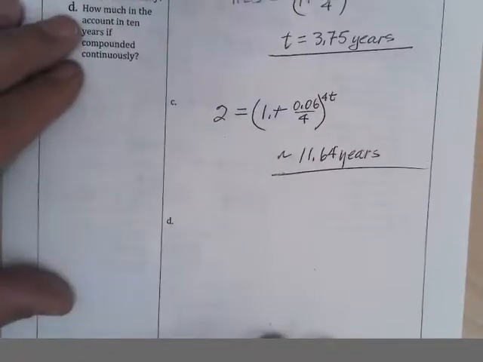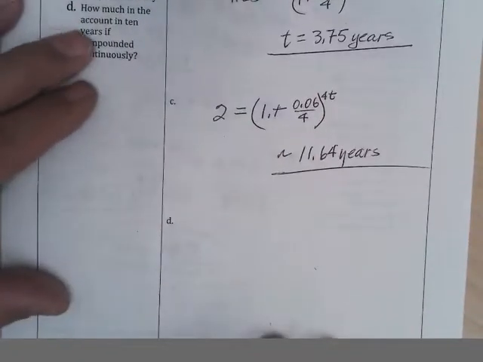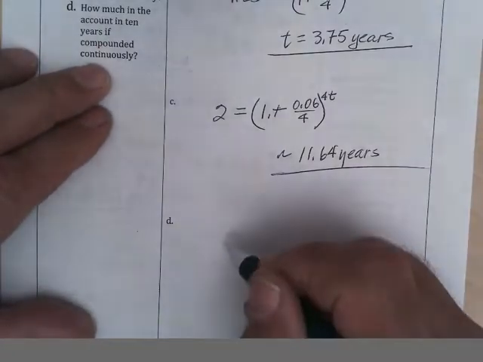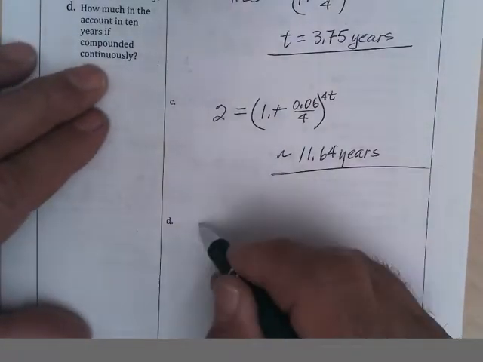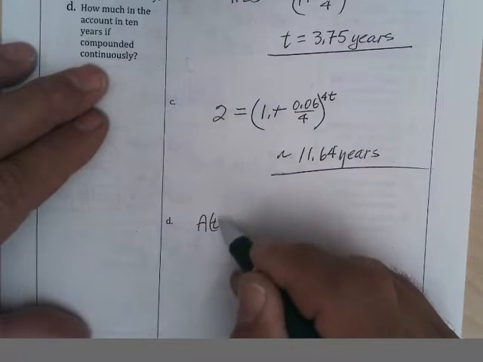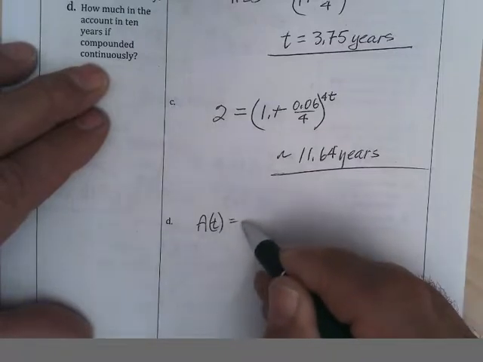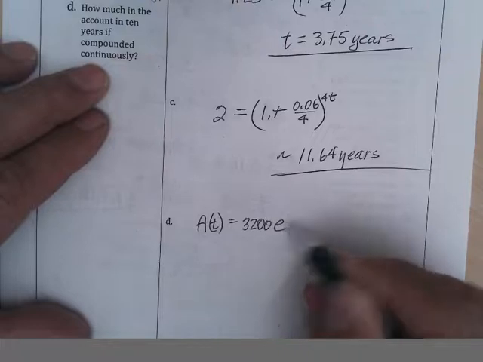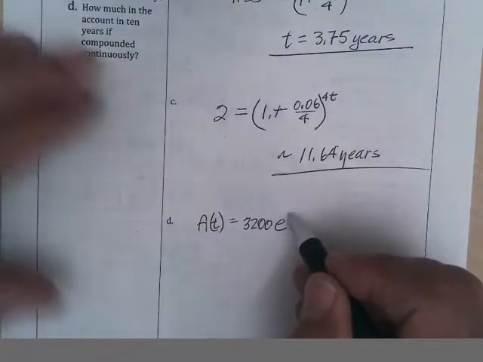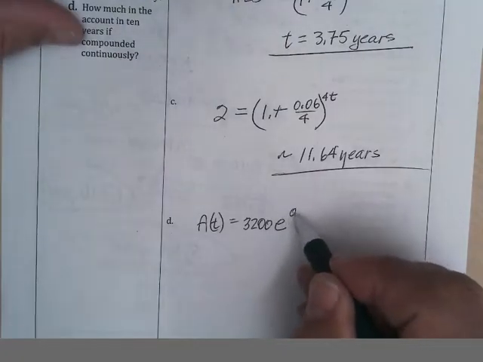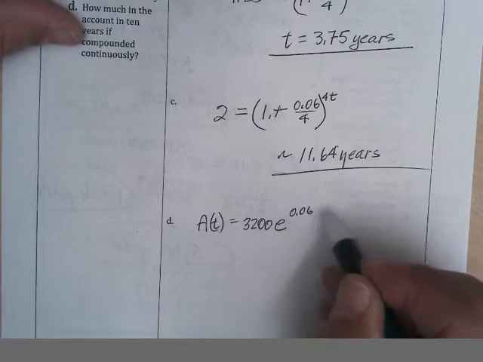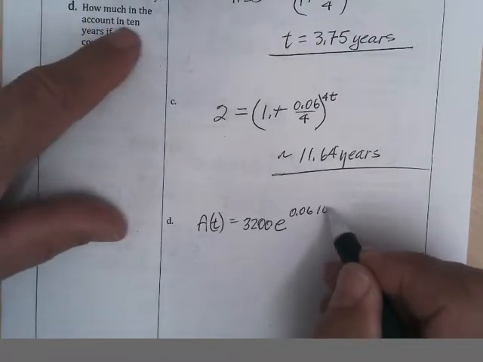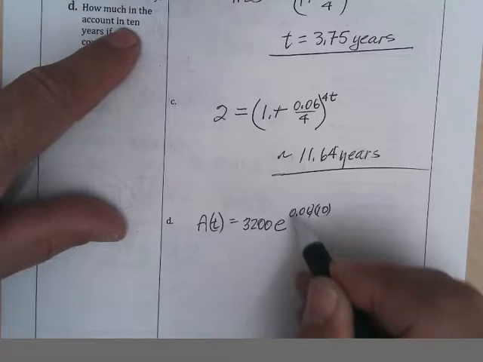And last one. How much is in the account in 10 years if compounded continuously? So this is a new formula. Continuously, A of t is the starting amount, 3,200, e to the interest rate in decimal, 0.06, times t, and if this is in 10 years, so times 10.